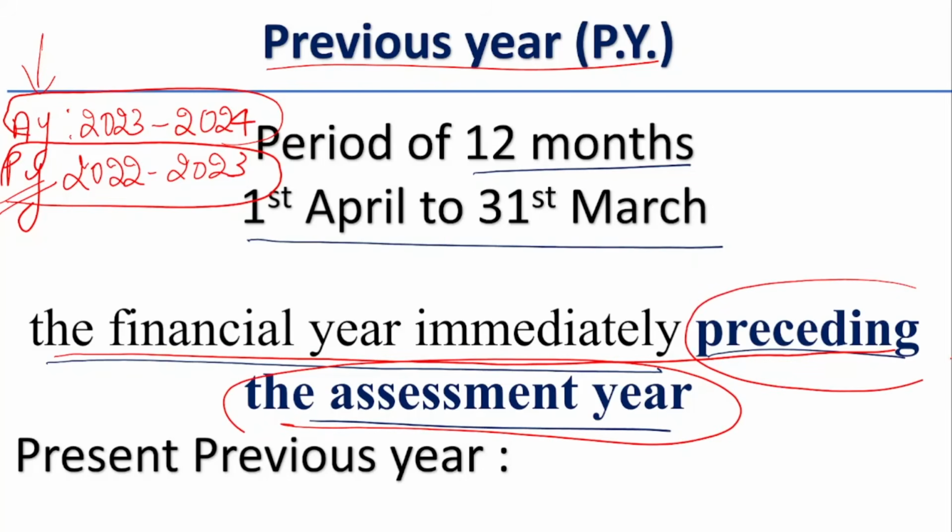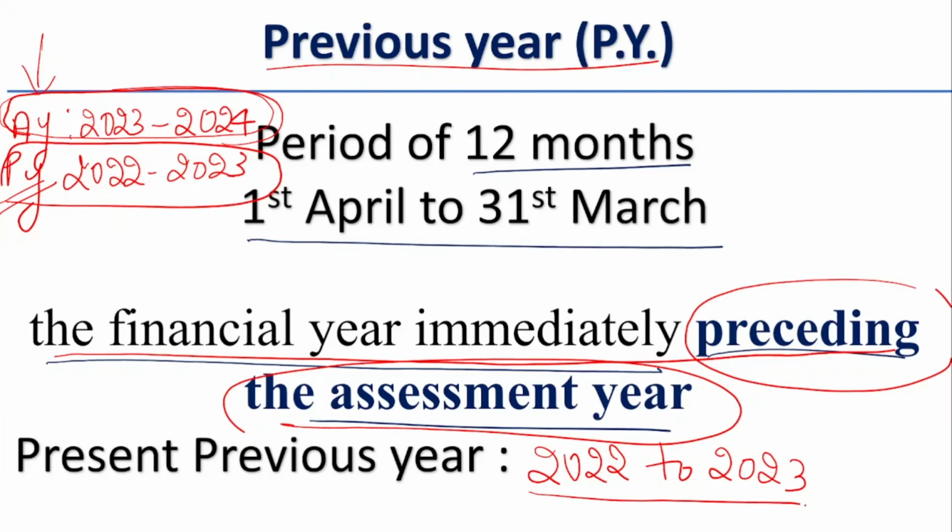So 1 year before the assessment year is known as previous year. Now which is our present previous year? Yes, it is 2022 to 2023 because our assessment year is 2023 to 2024, 1 year before.